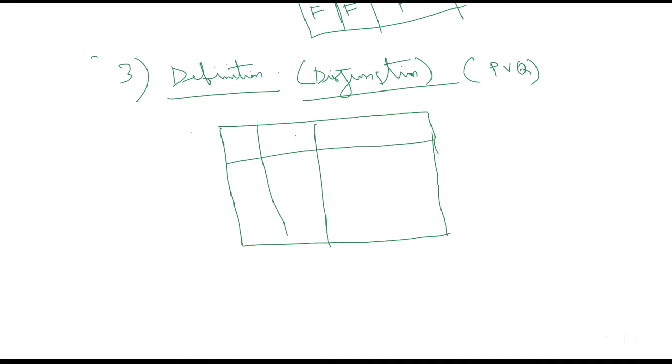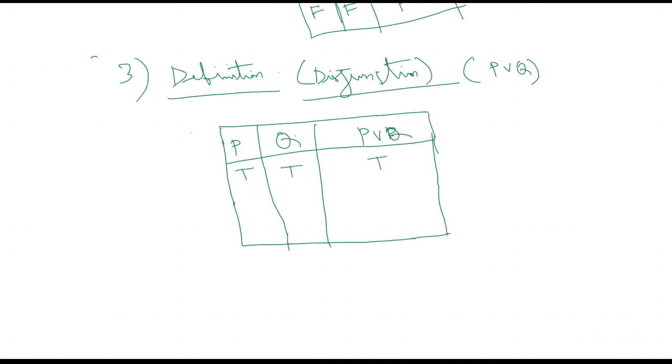This is P, this is Q, P or Q. So here P is true, suppose Q is true, P or Q is also true.